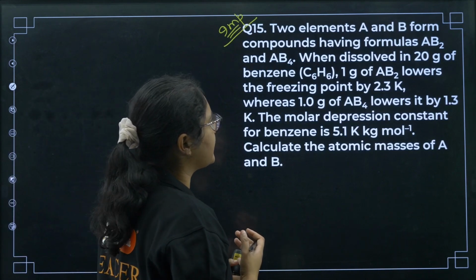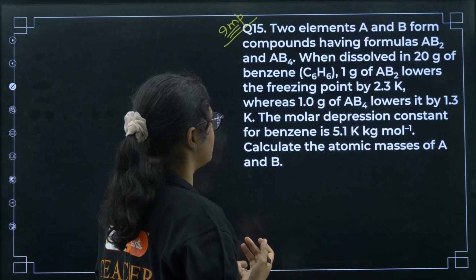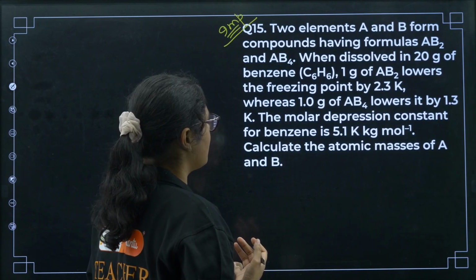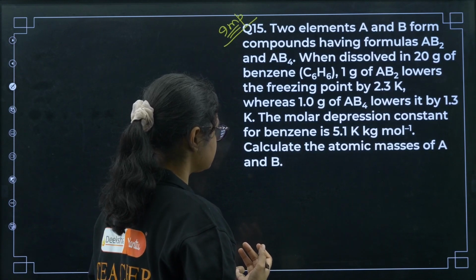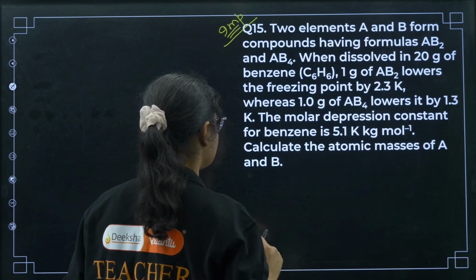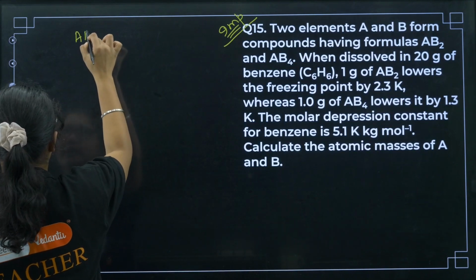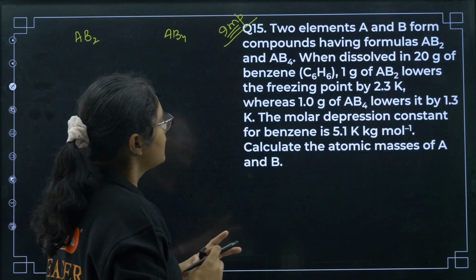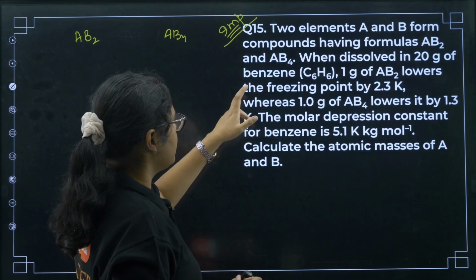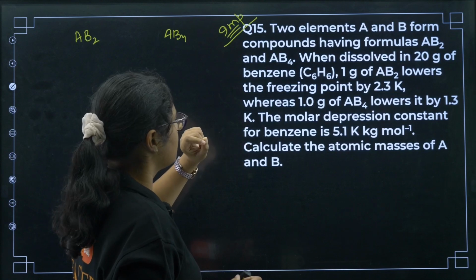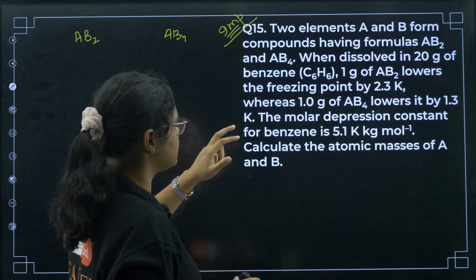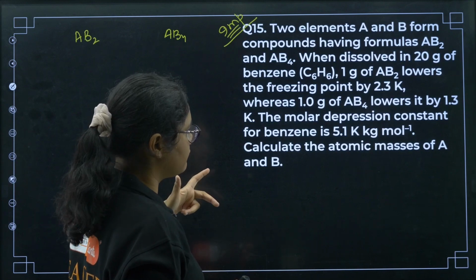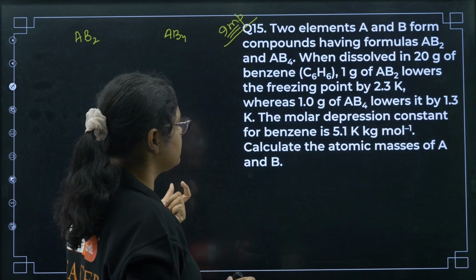Two elements A and B form compounds having formulas AB2 and AB4. When dissolved in 20 gram of benzene, 1 gram of AB2 lowers the freezing point by 2.3 Kelvin, whereas 1 gram of AB4 lowers it by 1.3 Kelvin.